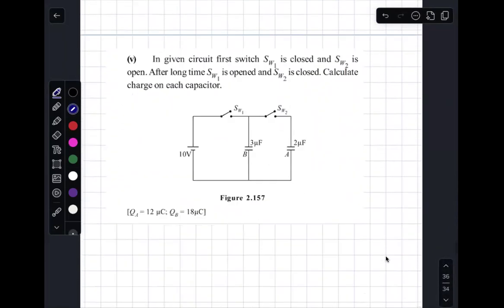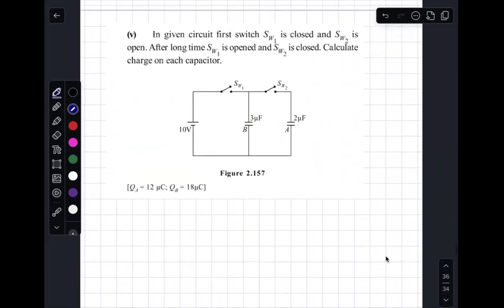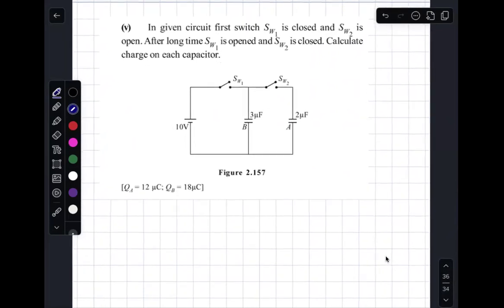Right. So we'll move on to switch models now. Switch based models. All these are switch models. Now everyone go through this question, please. In the given circuit, first switch SW1 is closed and SW2 is open. After a long time, SW1 is open, SW2 is closed.